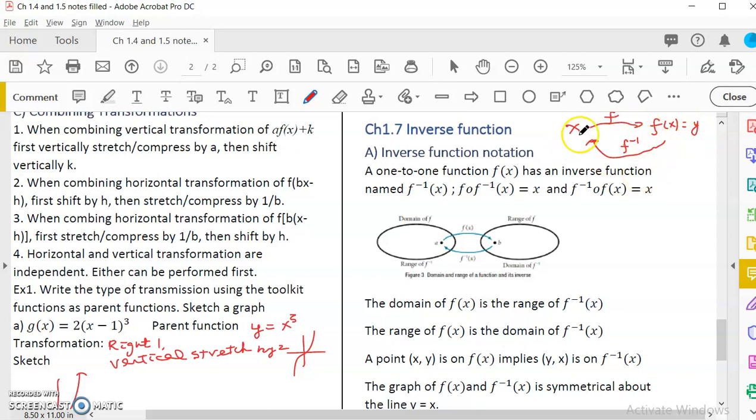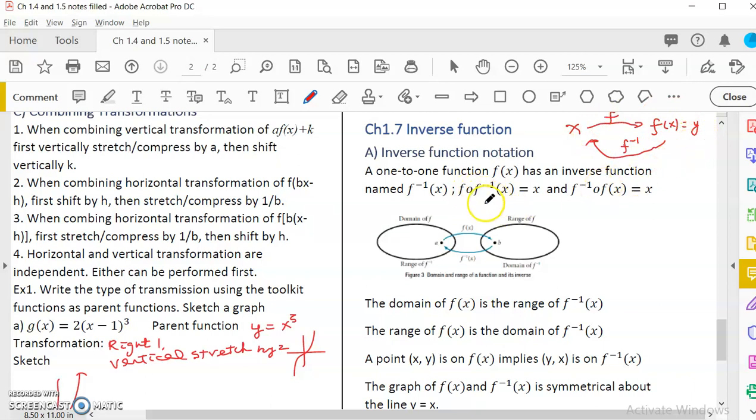And because of that, if I do a composition, that means I start off with x, I go to y, and then I go through f^-1, I end up getting back to x. So f composite with f inverse is exactly what brings you back to x. And if you start off with f inverse first, and then go to f, you go from a y to x first, and then you go back, you still get back to y.